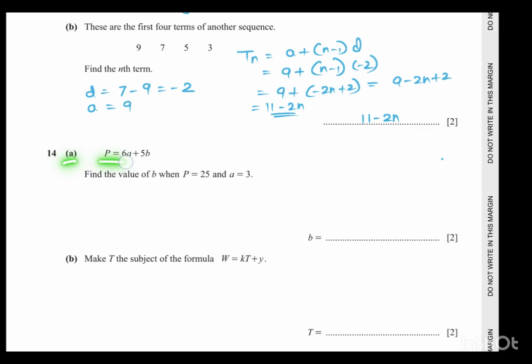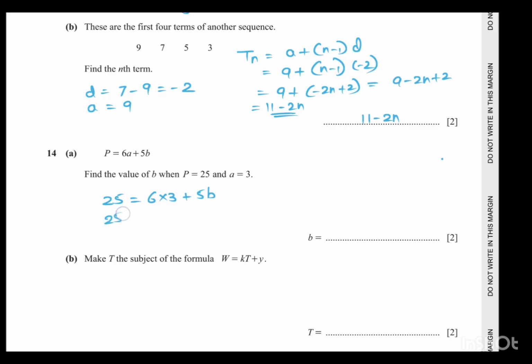P is equal to 6A plus 5B. Find the value of B when P is 25 and A is equal to 3. So just substitute in the given equation. P is given as 25, A is given as 3, so 6 into 3, then add 5B.